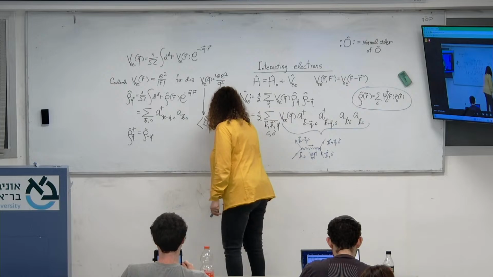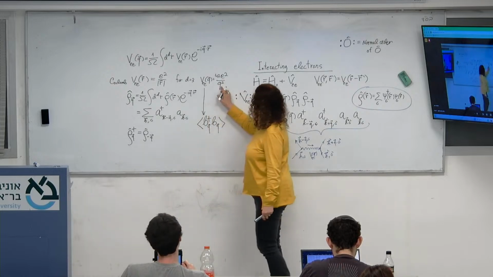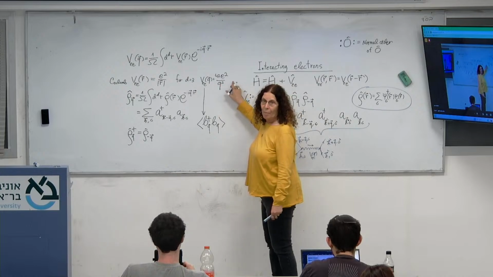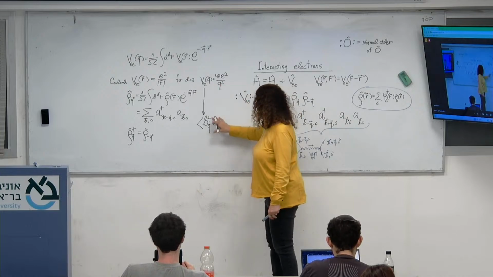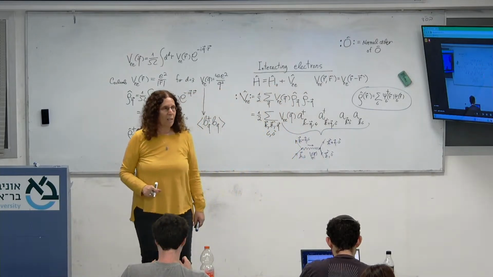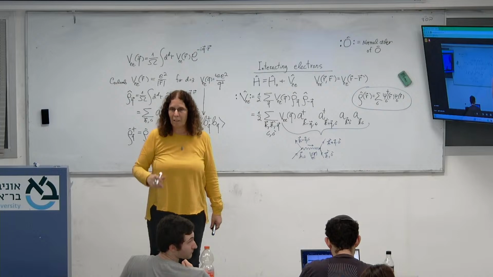And the fact that it goes like 1 over q squared and doesn't have q squared plus something is a signature that it's a particle that has no gap, no mass.